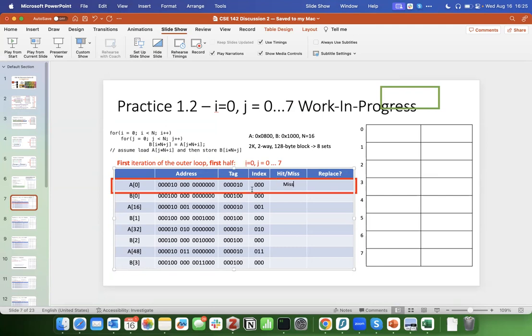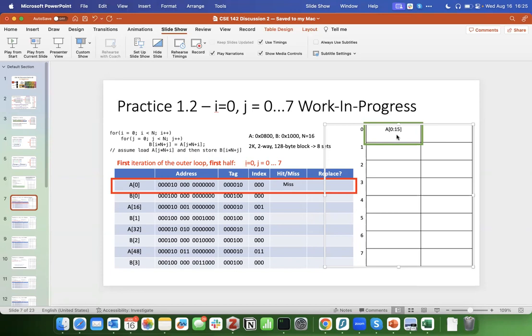And knowing that the index is 000, I'll put my block over here. And what do I have in that block? I have a bunch of double numbers, but what is the index range? 0 to 15. Different from the previous example, here I'm dealing with 128-byte blocks, and a double is 8 bytes, so I have 16 double numbers in one block.